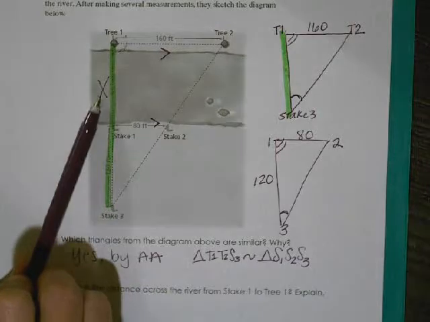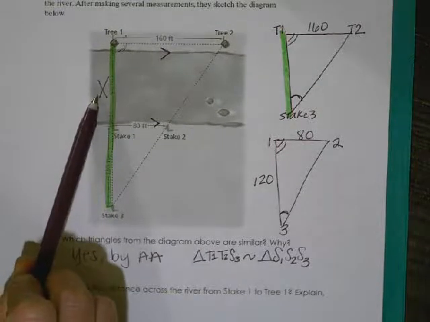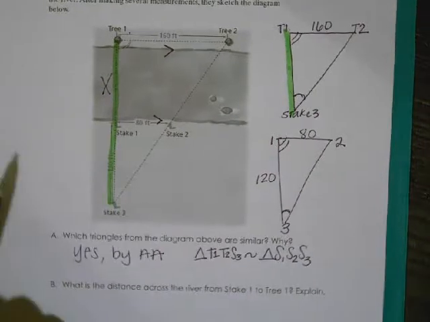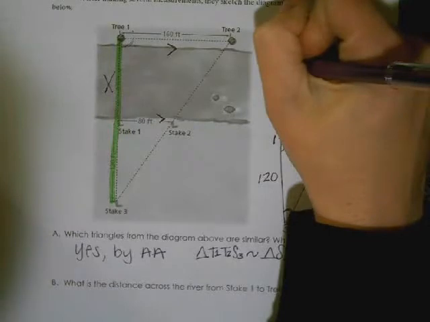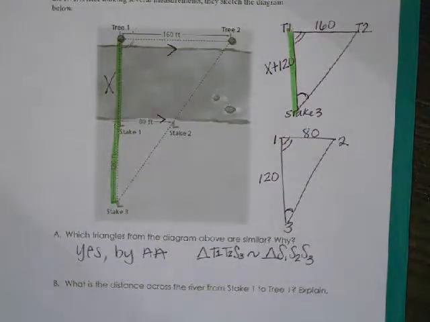Well, it's x plus 120. We've done lots of problems like that already, where we had to add this little bitty piece and this little bitty piece together to get the whole thing. So we'd say this distance is x plus 120.